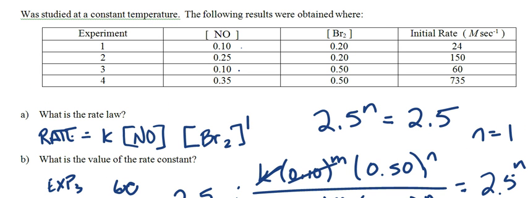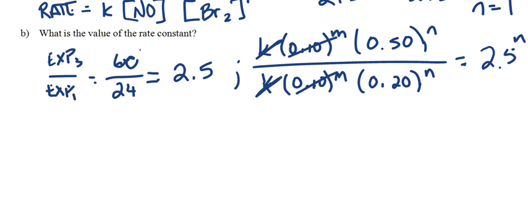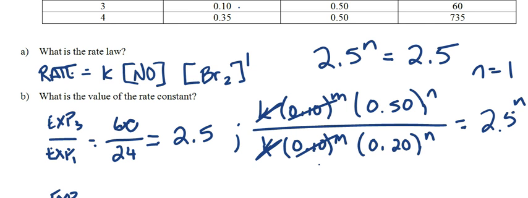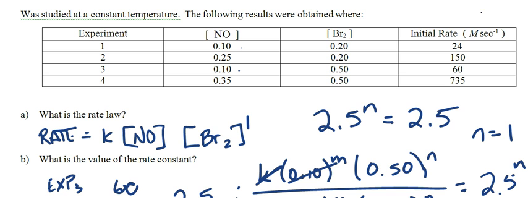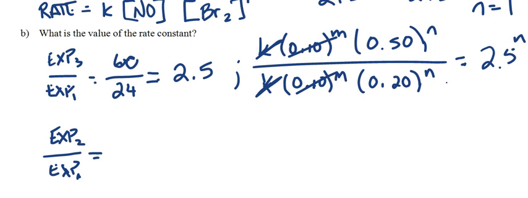Alright, so let's come up to the data and let's find where the bromine has 2 concentrations that are the same. Well, it looks like in experiment 1 and 2 or in 3 and 4. So it's your choice. You get to pick. Let's go with 2 and 1. So in experiment 2 over experiment 1, my rates, and again I want to look at my rates, it's 150 over 24.